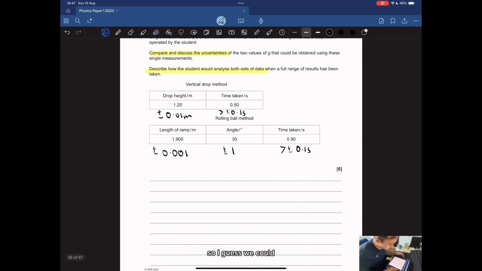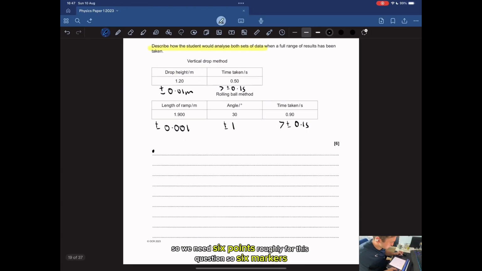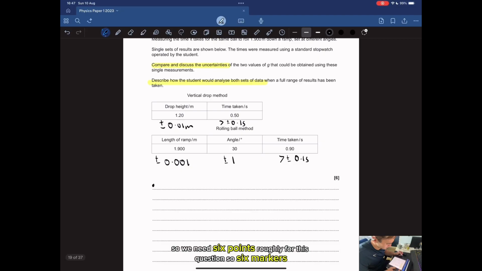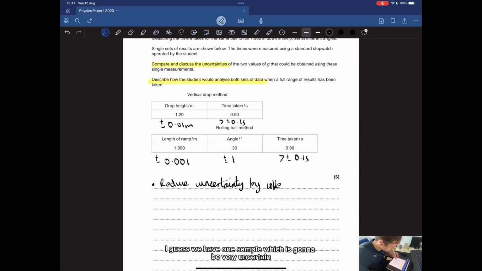So we need 6 points roughly for this question. So the first thing we do to reduce uncertainty is collecting more data, I guess. We have one sample which is going to be very uncertain.